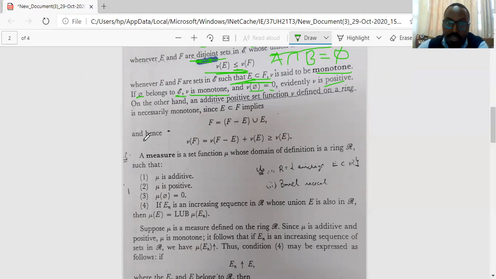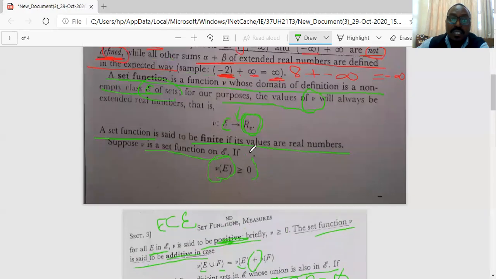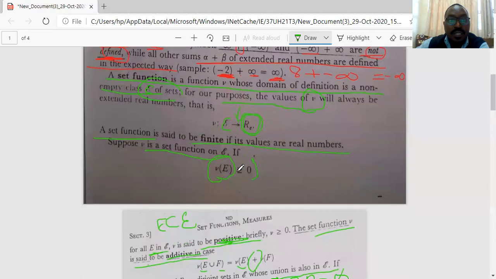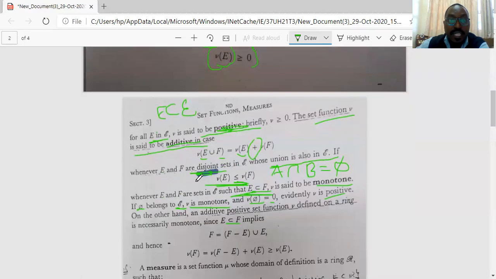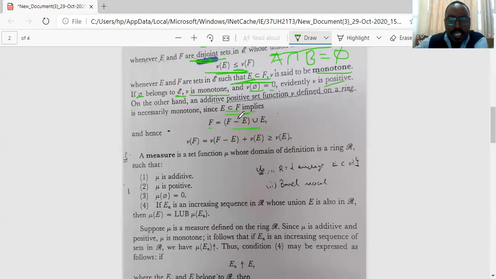Since E is contained in F, remember we defined it that way, this implies that F can be written as the union of F minus E and E, where F minus E is the set difference.